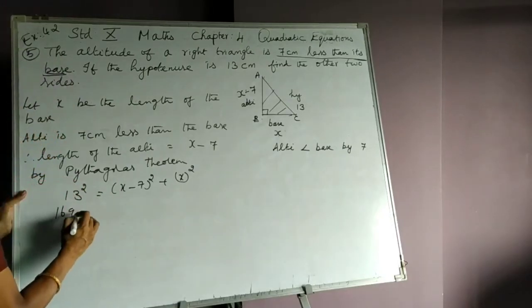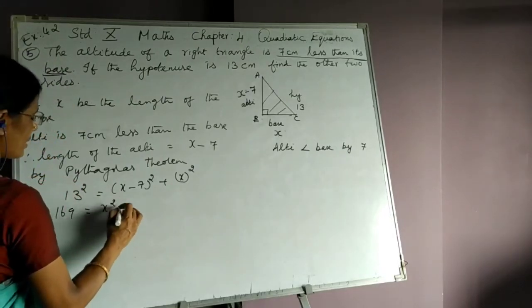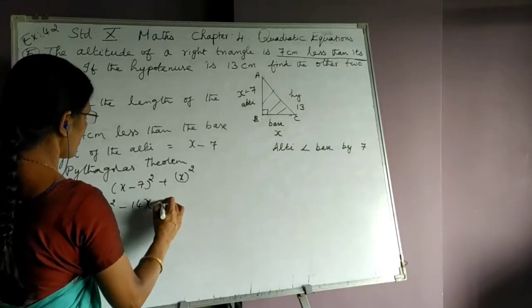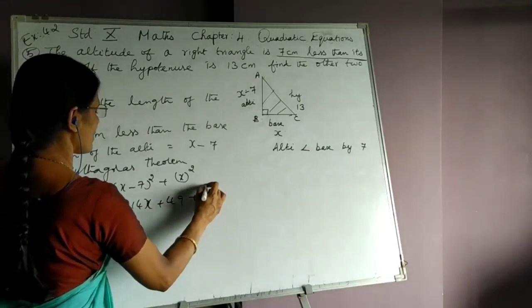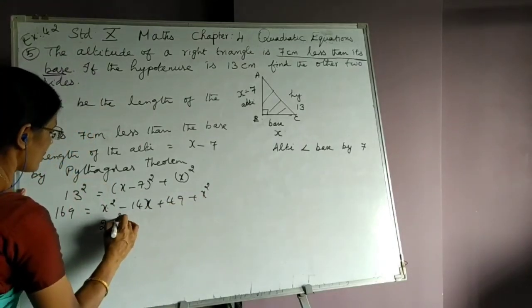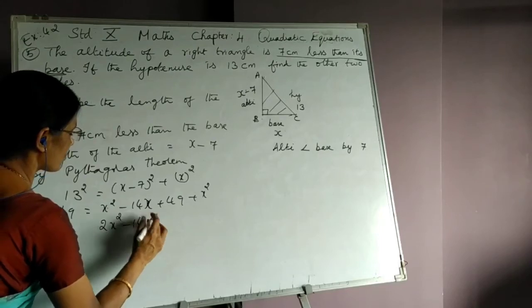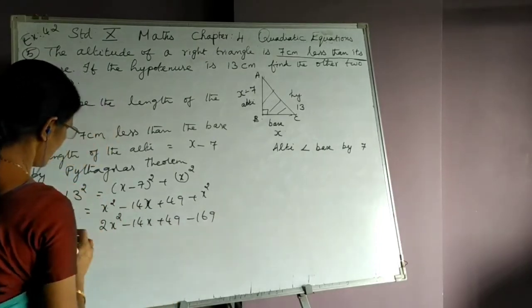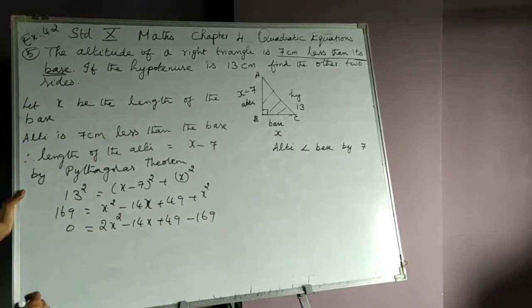This becomes 169. Using a minus b the whole square, we will get x square minus 14x plus 49 plus x square. X square plus x square is 2x square, followed by x term minus 14x, plus 49 minus 169 equal to 0.